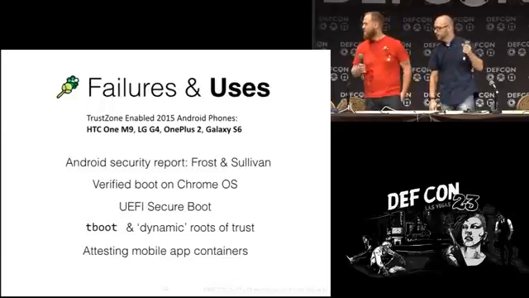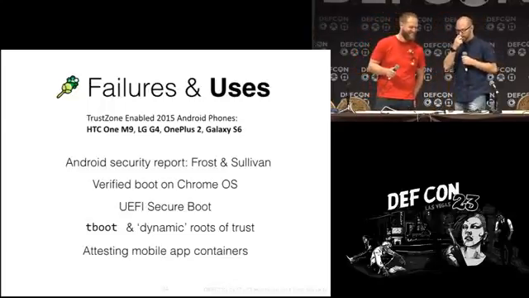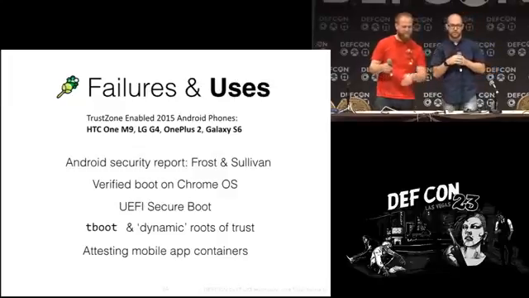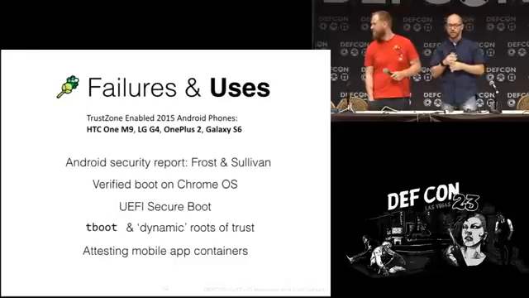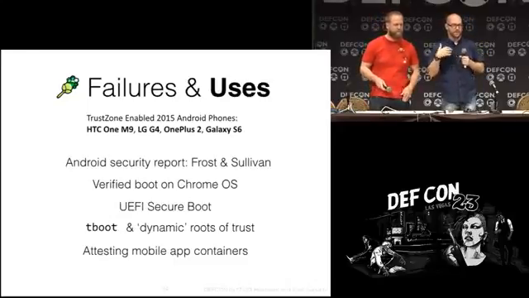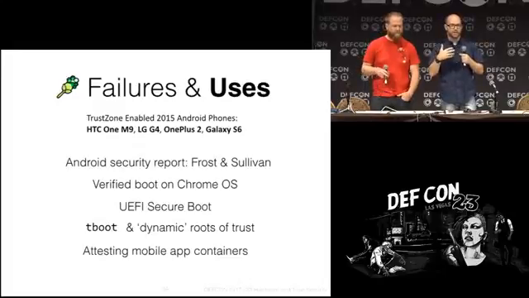Yeah, so attesting these mobile app containers. Right now, isolation happens on mobile devices. It's awesome, right? There isn't a mobile platform out there that isn't implementing some form of isolation. You're now going to start seeing APIs for letting a remote service make a decision for the user, right?